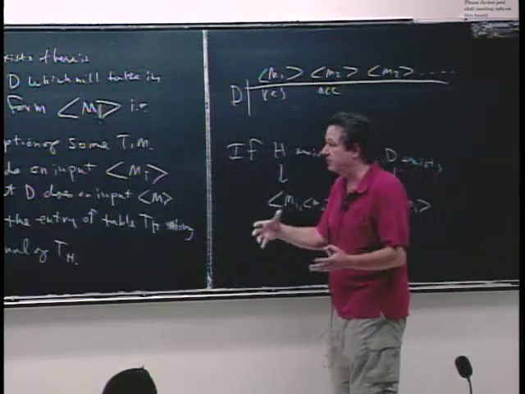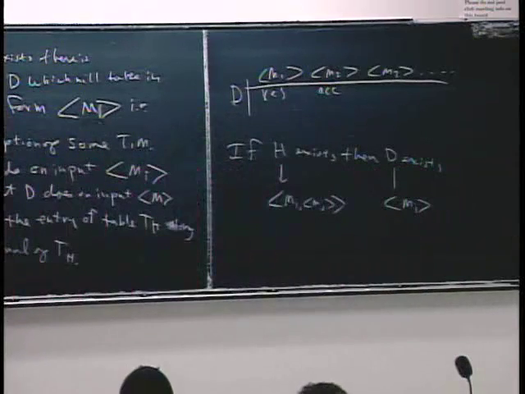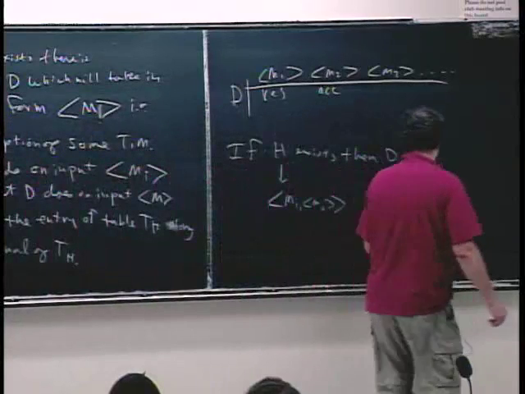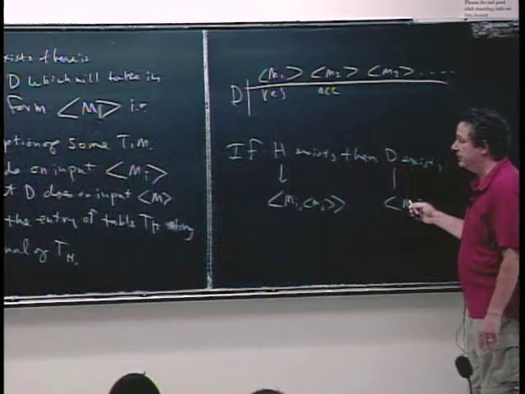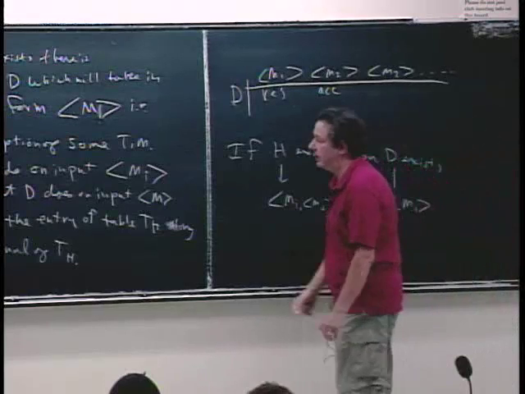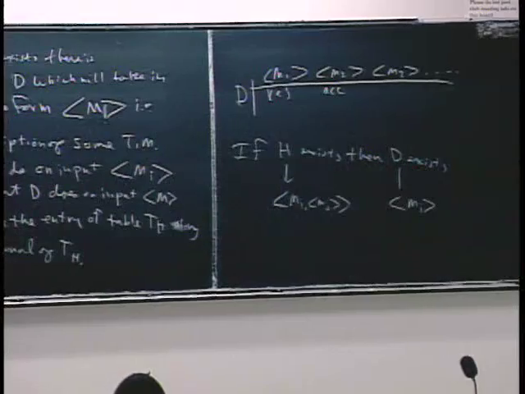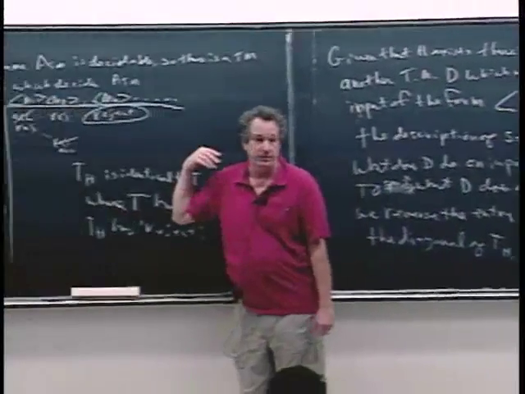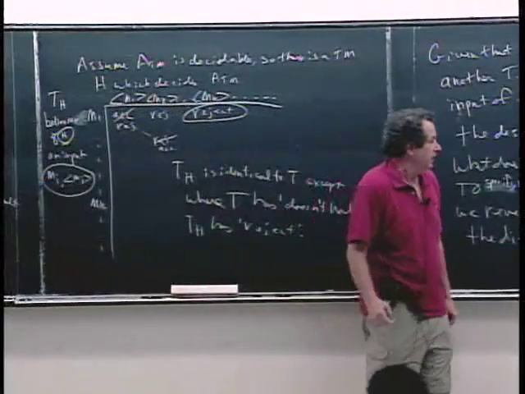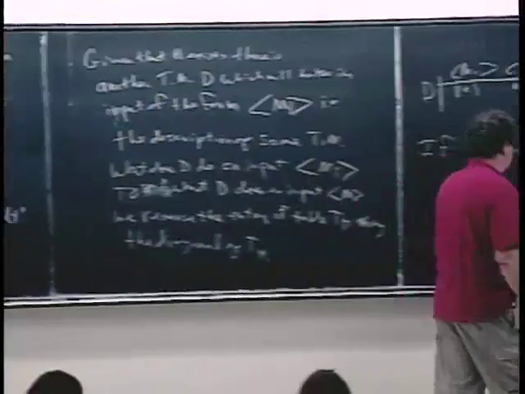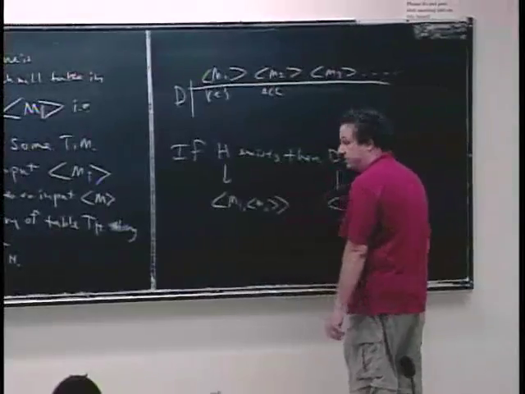Well, D just has within it an H. When it gets an input of this form, that forms a Turing machine, it just runs H, and whatever H does, it does the reverse. So if H exists, D exists. D is a perfectly good Turing machine, and its input is of this form.